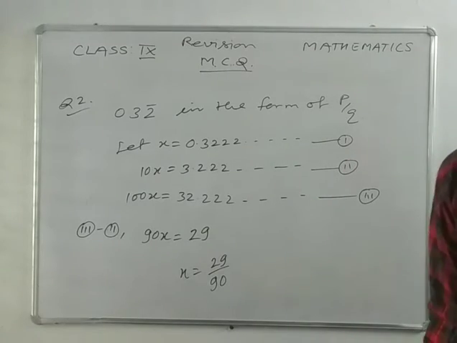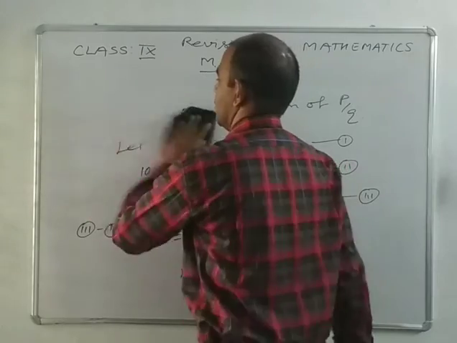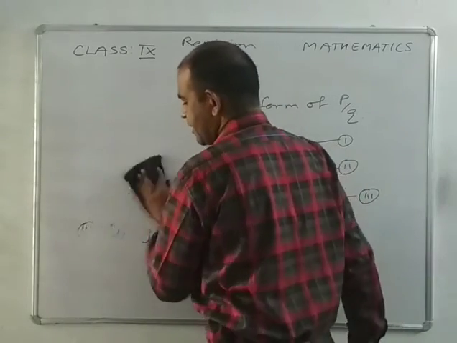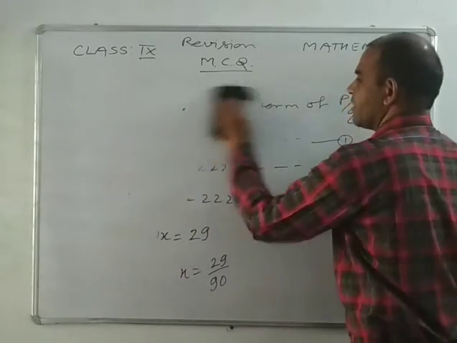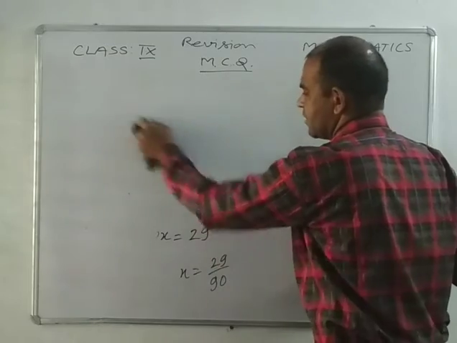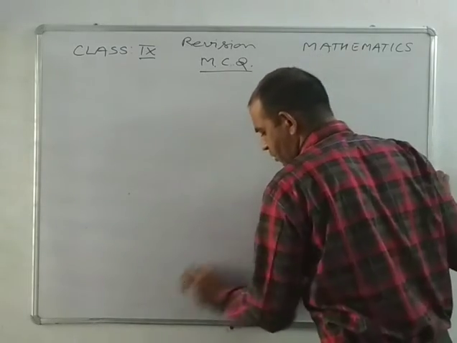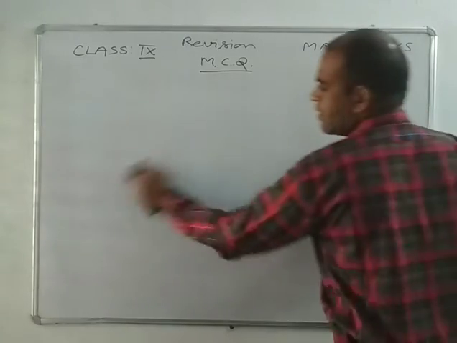Next question is, which of the following is rational? In the rational and irrational number, this type of multiple choice question can arise. Here 4 numbers are given and we should identify the rational number.